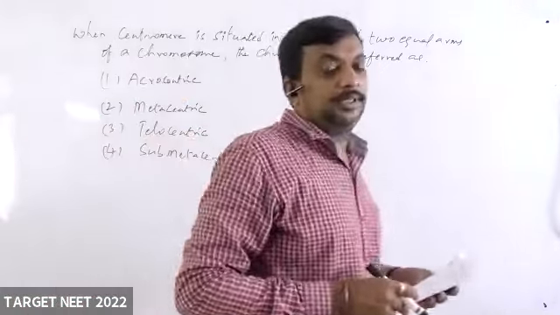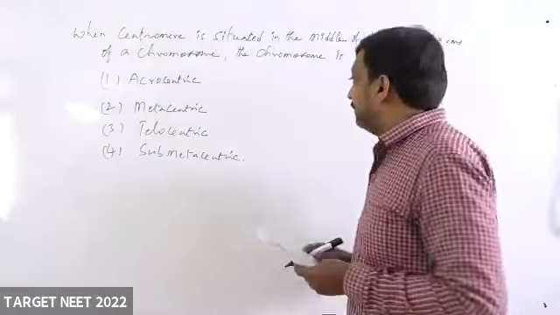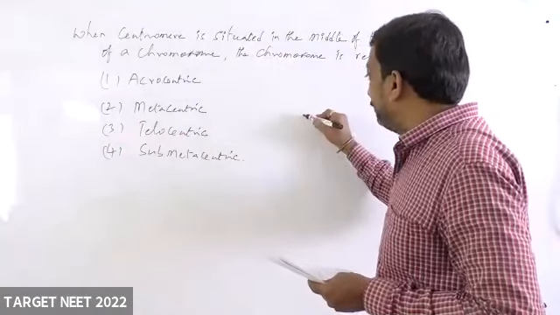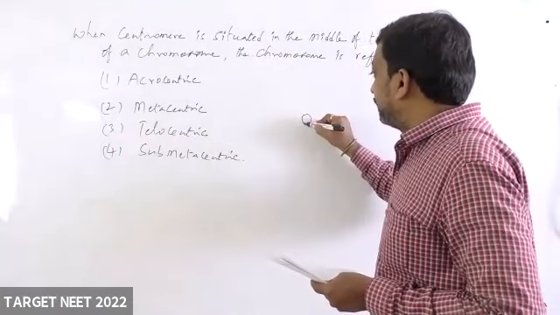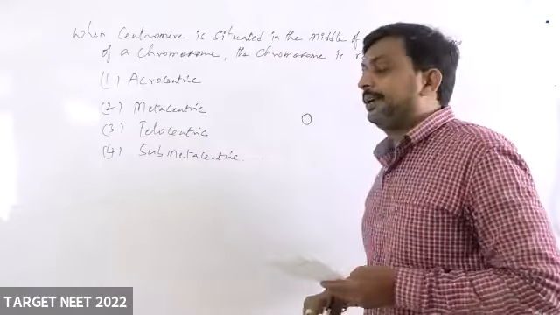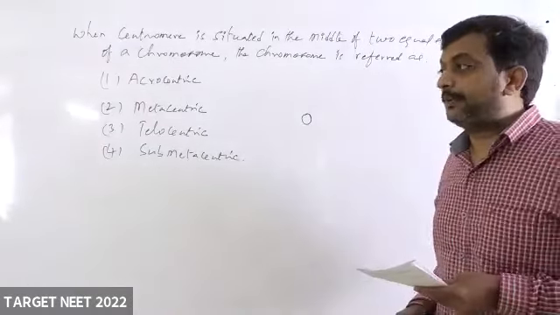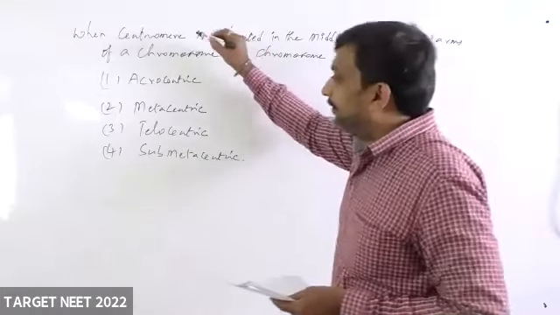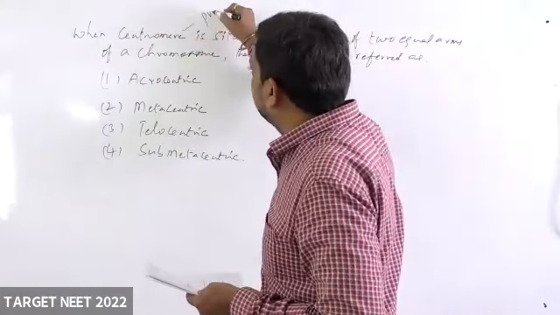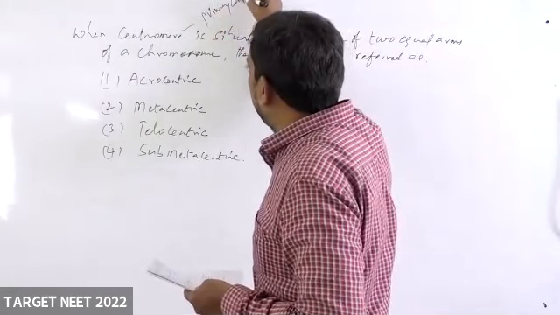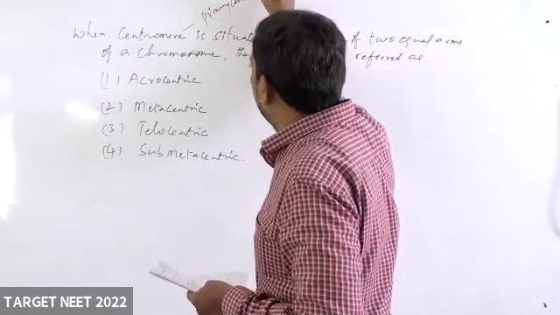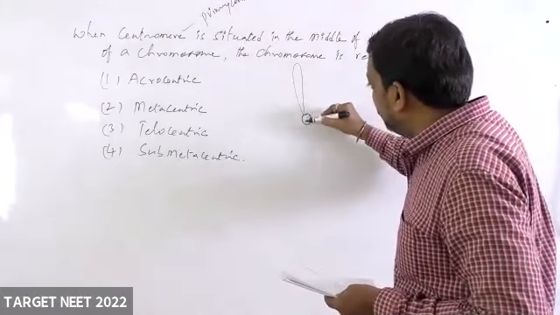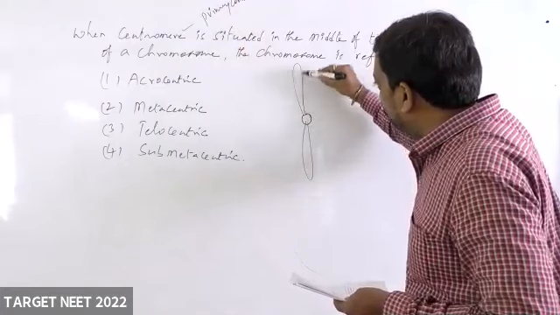Now this is a question related to the position of the centromere. The centromere has been referred to as the primary constriction, where the two chromatids attach.